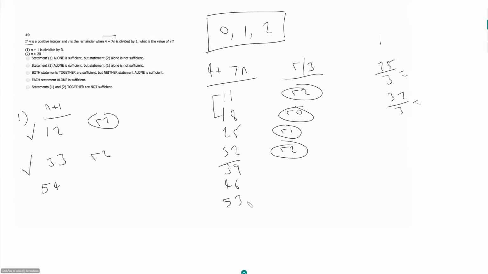So what's the remainder when 53 is divided by 3? It's 17 times 3 is 51, so it should be 17 remainder 2. So it looks like it's always going to be remainder 2. So I'd say this statement is sufficient.